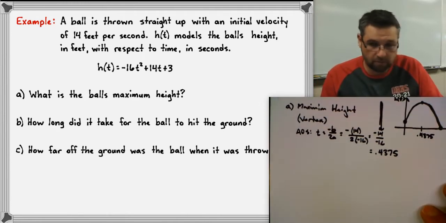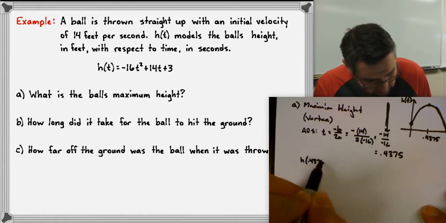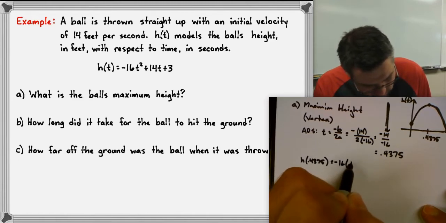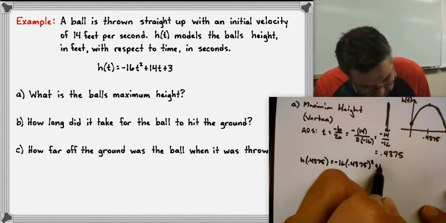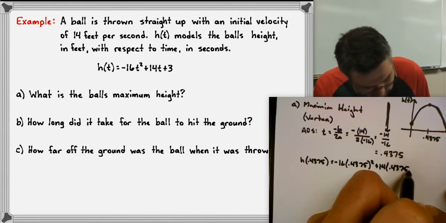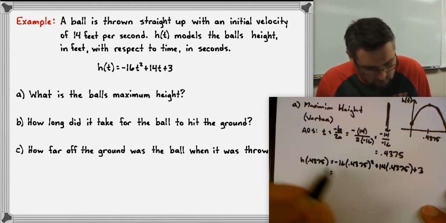Now from there, we're going to take that and plug it into our height function. So h of 0.4375 is equal to negative 16 times 0.4375 squared plus 14 times 0.4375 and then plus 3, okay? Then we'll use our calculator and do our order of operations.